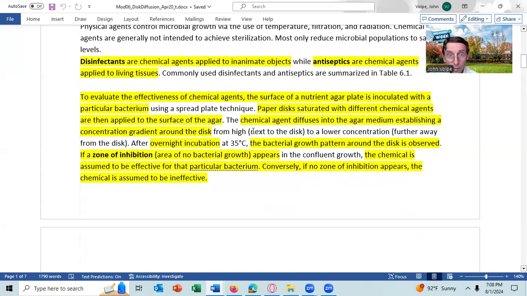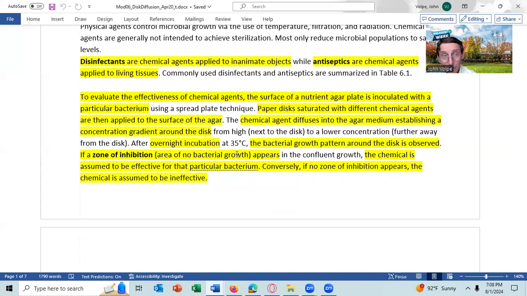Next to the disc will be a higher concentration. Further out from the disc will be a lower concentration. You then incubate the plate overnight at 35 degrees C, and then observe the bacterial growth pattern around the disc. And you're looking for a zone of inhibition, an area with no bacterial growth.